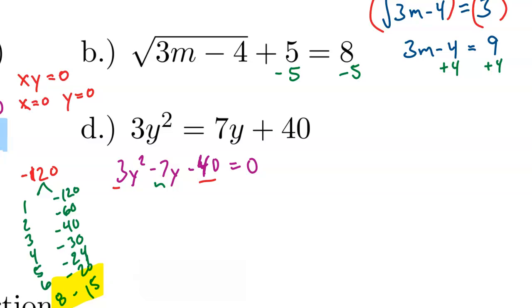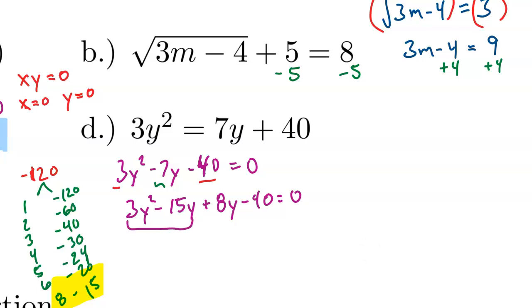So I can rewrite my equation as 3y squared minus 15y plus 8y minus 40 equals 0. And because I found that special factor pair, 8 and negative 15, I can factor the left-hand side by grouping.